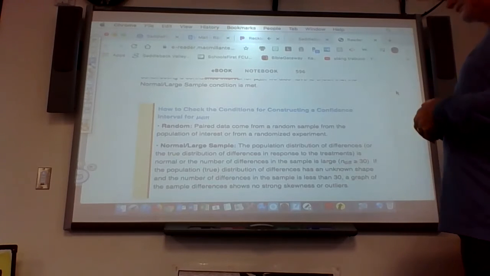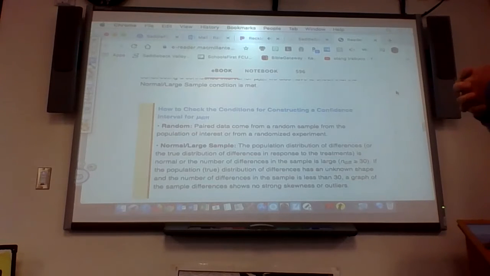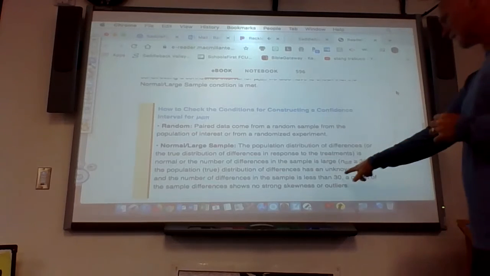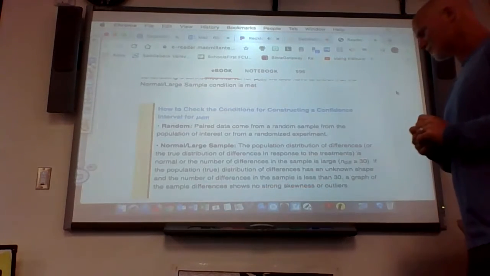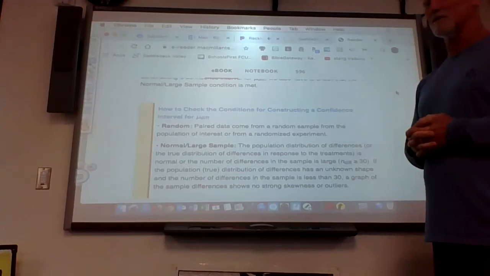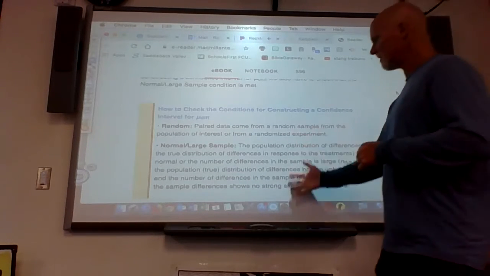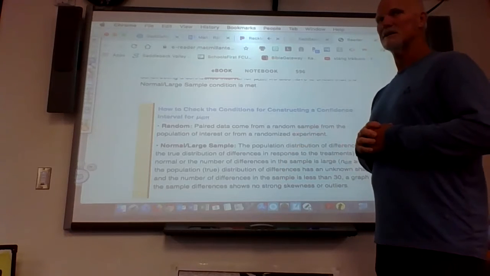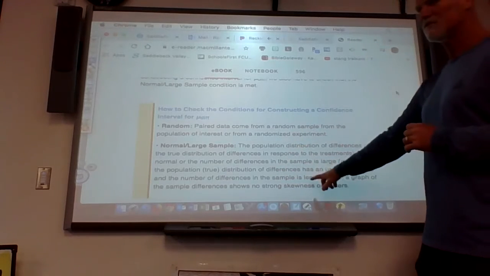If the population distribution of differences has an unknown shape and the number of differences in the sample is less than 30, a graph of the sample differences shows no strong skewness or outliers, then we'll be able to do the difference. So there's this one kind of exception to meet that last one. So don't forget that this is new, this is different.